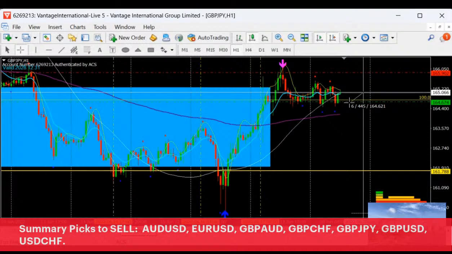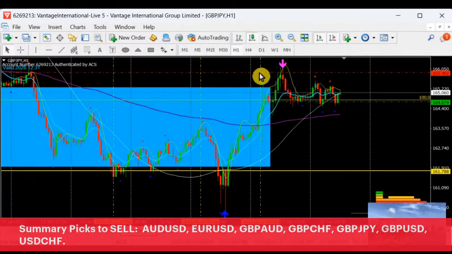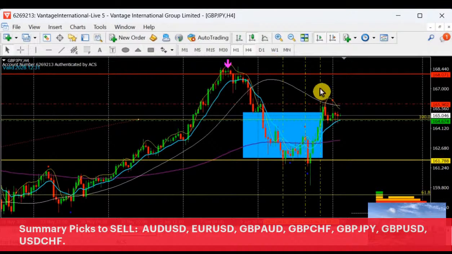As we can see, pound yen is actually still testing on the support right now. If it's coming for selling, this is not really a downward trend yet. So for selling pound yen, you may have to take note of the support level over here.